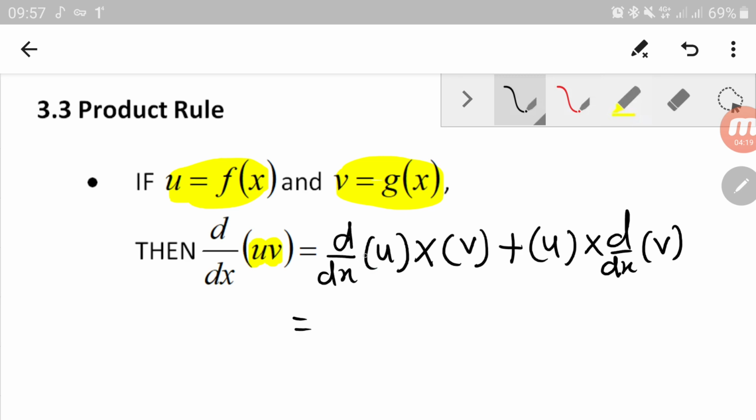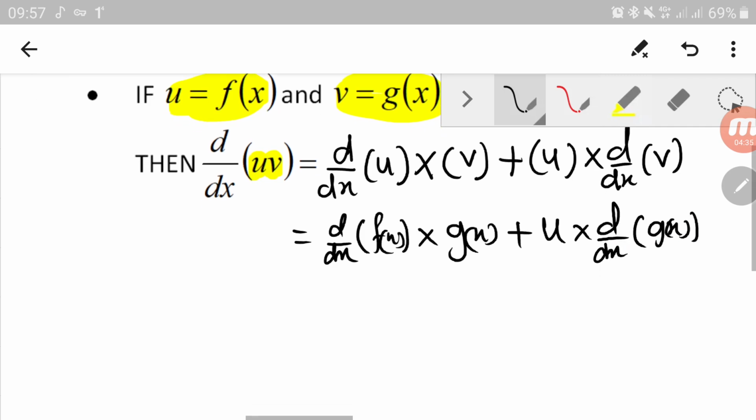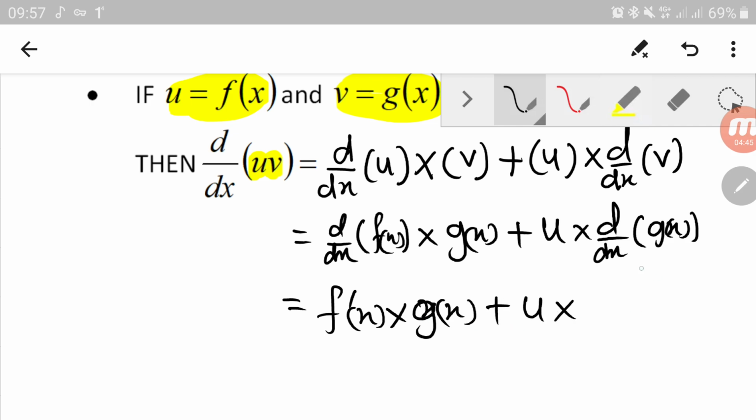Since u is f(x), so differentiate d/dx f(x), multiplied by v is g(x), plus u multiplied by the differentiation d/dx of v is g(x). Okay, so differentiation of f(x) in terms of x is f prime, and then multiplied by g(x), plus u multiplied by g prime x.